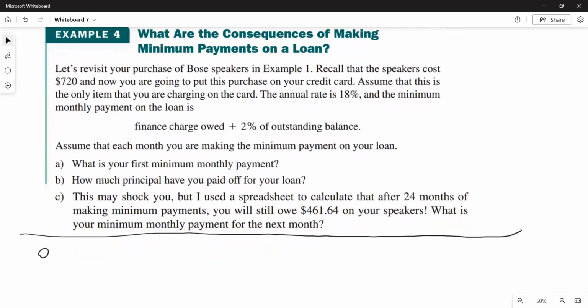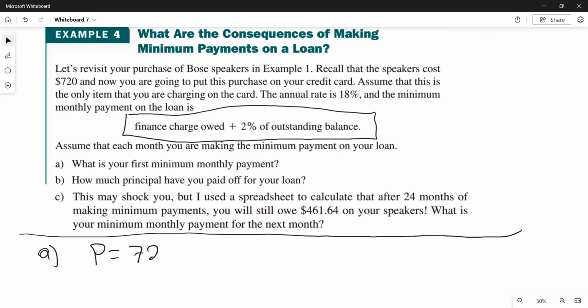Okay. So it says that the minimum monthly payment is the finance charge plus 2% of outstanding balance. So the outstanding balance is 720. The interest rate is 18%. And that's going to be after 1 month. Remember, T is the time in years. So 1 month is 1/12 of a year.